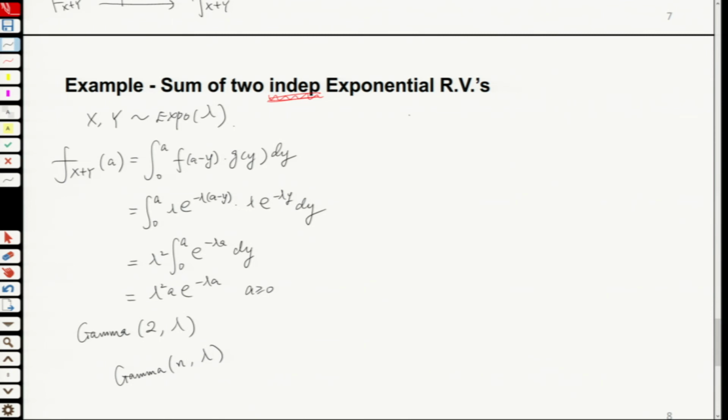So if you have X_i, with i from 1, 2 to n, so you have n random variables, and each one of them is exponential with parameter lambda. Now if you add all of them together, X_1 plus X_2 plus up to X_n, what will be the new distribution?